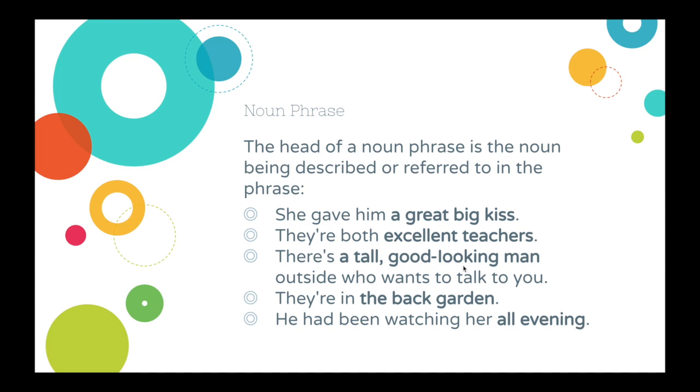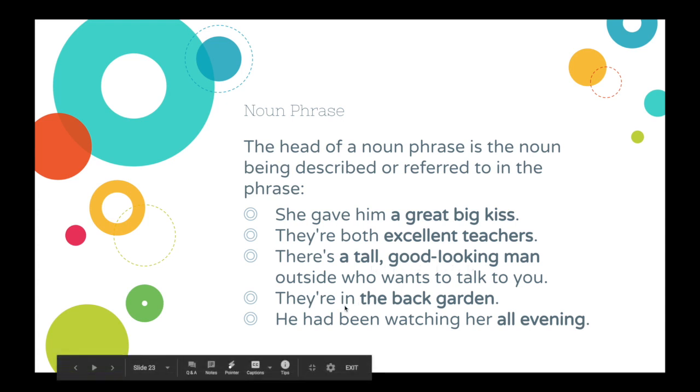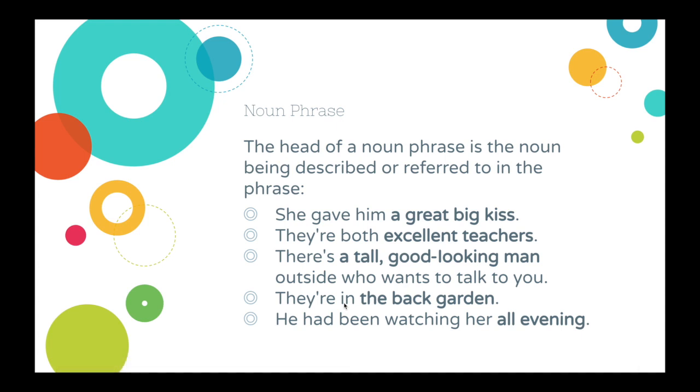He's a tall, good-looking man. So the head is man, the word being described by tall and good-looking. And then this one, they are in the back garden. We can divide this into several phrases.